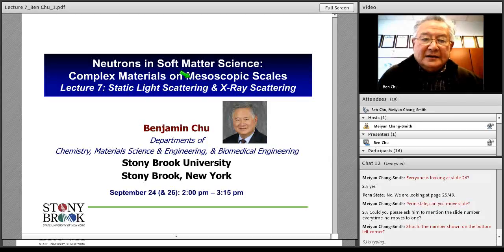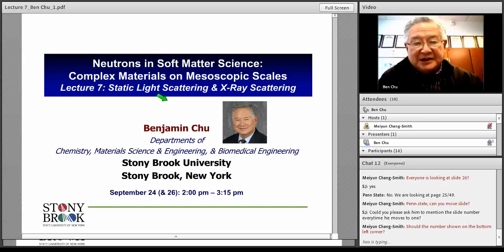And the two main important things are lambda to the fourth and dn/dc to the square. And this is really dealing with dilute solutions of particles. The particles can be colloidal systems, can be polymers, can be biopolymers, can be anything that you want.